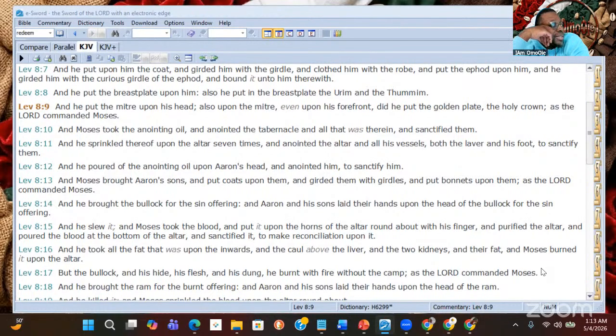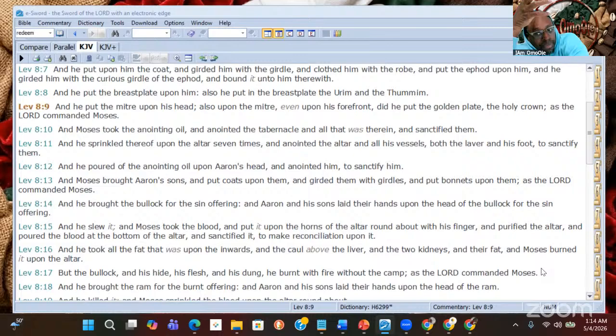And Moshe took the anointing oil and anointed the tabernacle and all that was therein, and sanctified them. And he sprinkled thereof upon the altar 7 times, and anointed the altar and all his vessels, both the laver and his foot, to sanctify them. Because remember, the foot of the laver is made separately, it's not made as one whole piece.